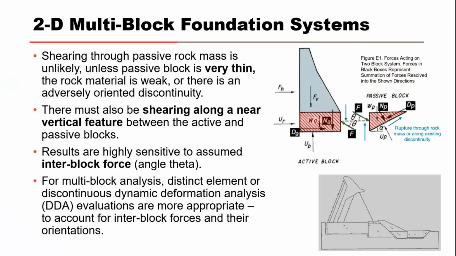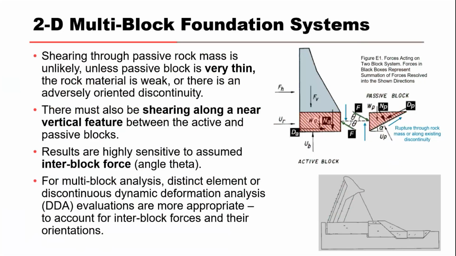Although this type of analysis can be found in many guidance documents, it can be misused. For one thing, unless the passive block is very thin, it is unlikely that shearing will occur through the rock mass unless the intact block material is very weak or there is an adversely oriented discontinuity going through within the passive block.